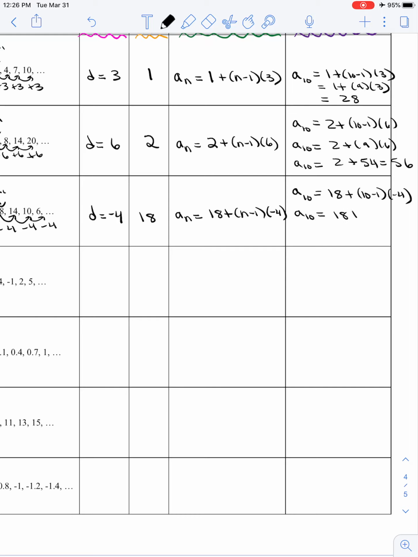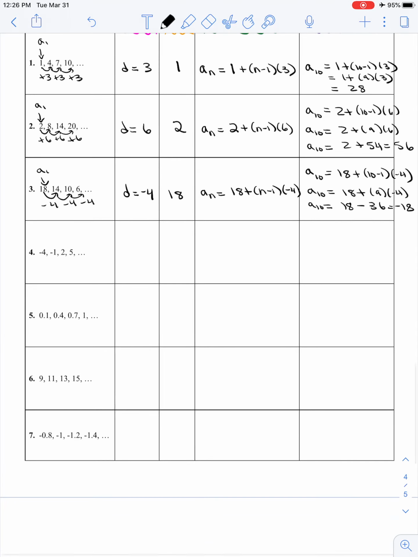So if I calculate that, I have 18 plus 9 times negative 4. 9 times negative 4 is negative 36. So I have 18 minus 36, which is negative 18.